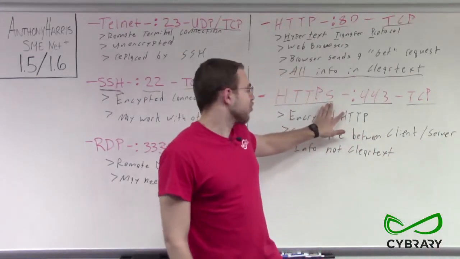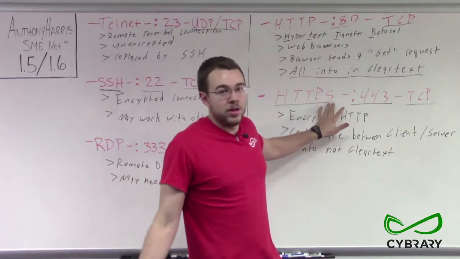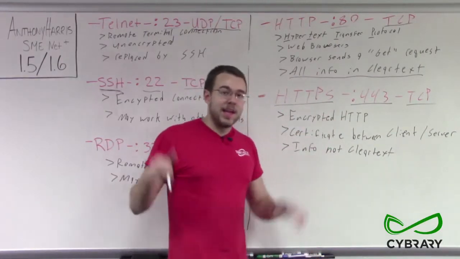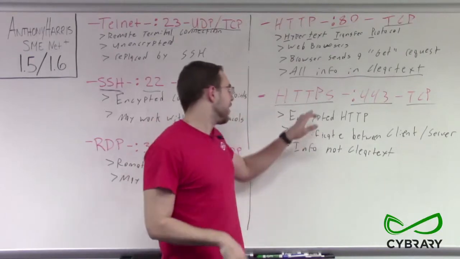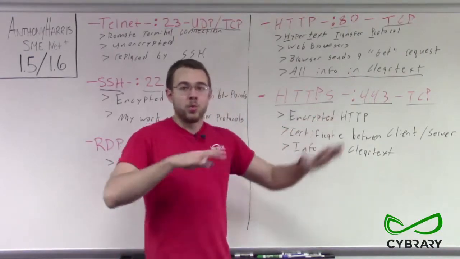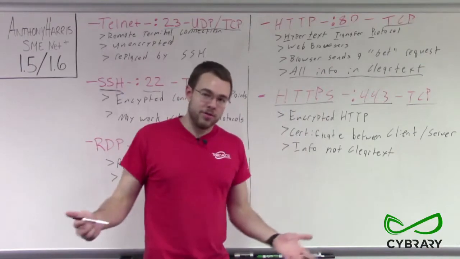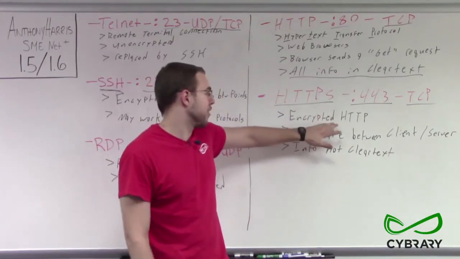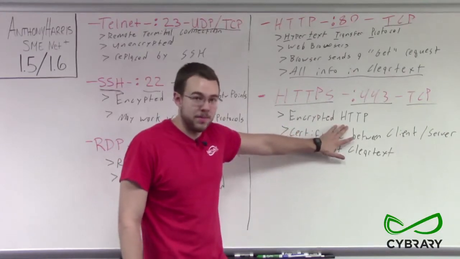HTTPS transfers over SSL, which is another protocol that we'll talk about later. SSL doesn't have a typical port that it uses because SSL, Secure Socket Layer, runs over different protocols. So SSL will work with HTTPS to make sure that this HTTP information is encrypted.